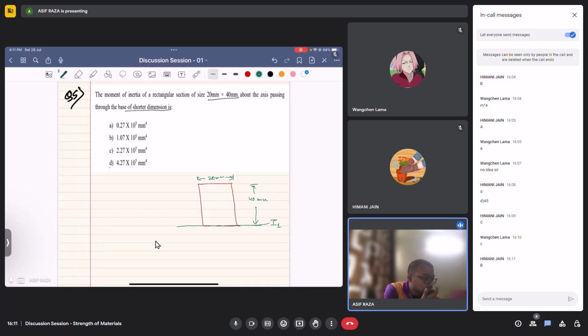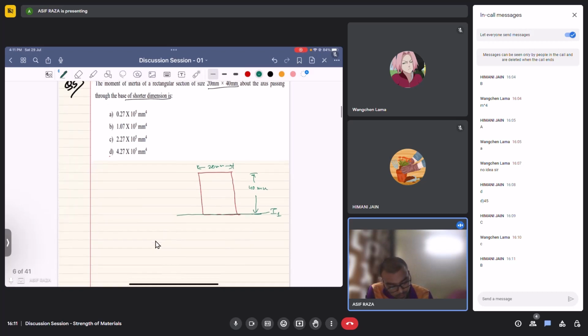okay, Himani is saying option B as her answer. Let's see, let's work it out. So we need to find the moment of inertia about this, this I1. Before that, Ix, like through this center, this is Ix. Okay, so Ix, if you recollect, is BD cube by 12.